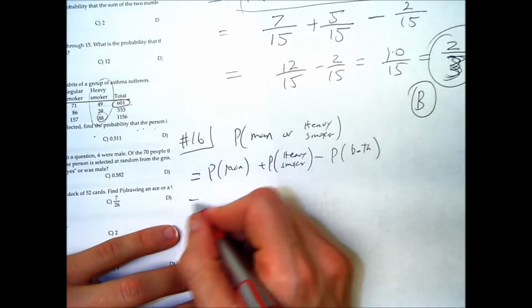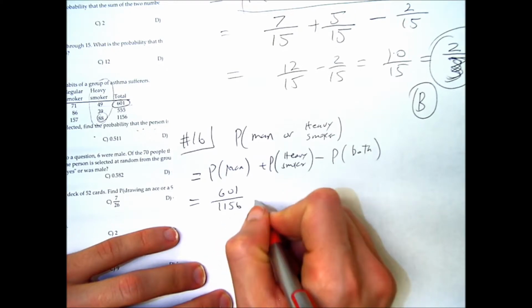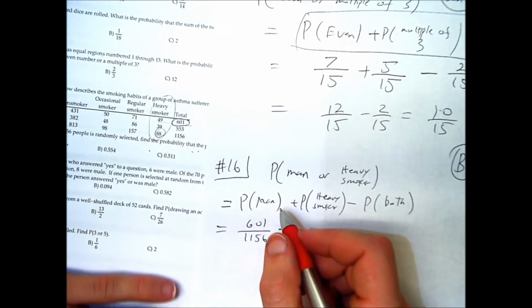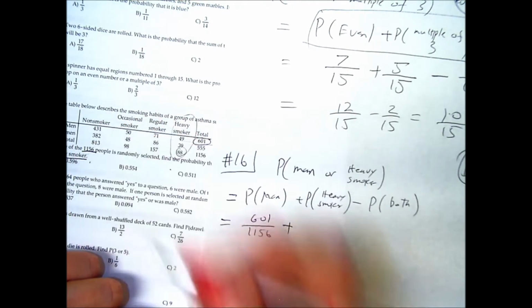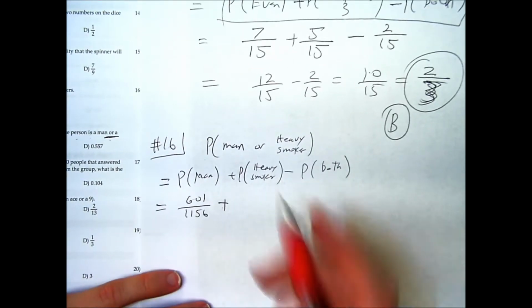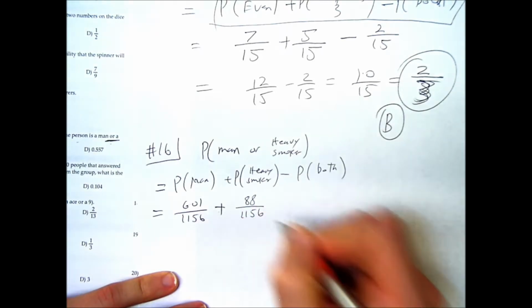So how many men do we have? Well, we have 601 out of 1156 total people. And I was told 1156 was the total right here. Also, the probability of being a heavy smoker is 88 out of 1156.